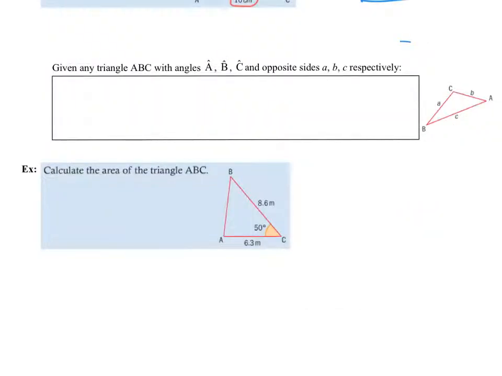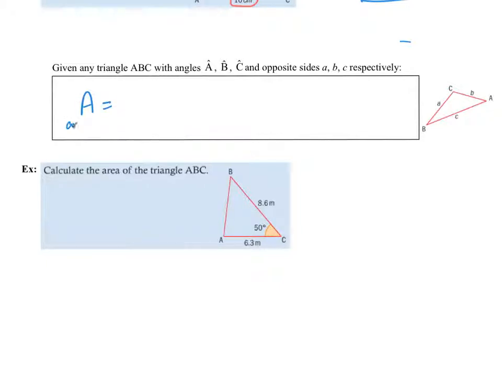So now let's look at a new formula to find the area of a triangle, and this will use trigonometry. Given a triangle ABC with angles A, B, and C, and opposite sides little a, little b, and little c respectively, we can find the area. Capital A stands for the area.